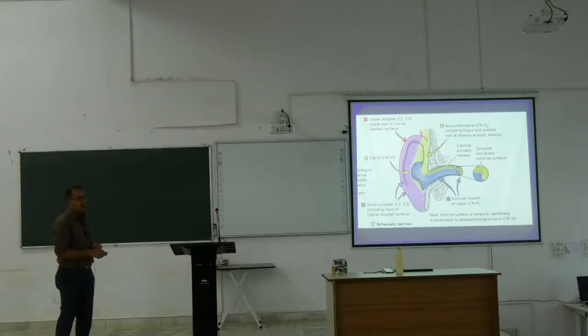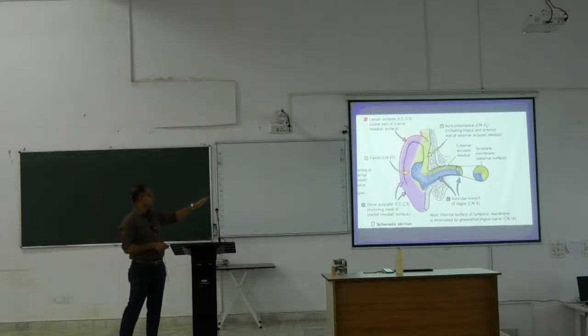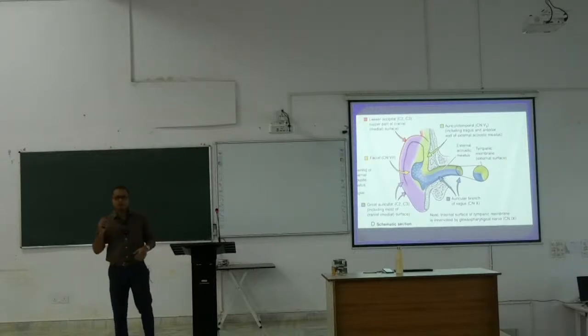It is supplied by two of these. One is the bottom side, or lower part, of this canal, supplied by the branch of the vagus known as Arnold's nerve. And then we have a part of the skin on the top side, which comes from the auriculotemporal nerve, a branch of the fifth cranial nerve, V3. So these demarcations we have to know.